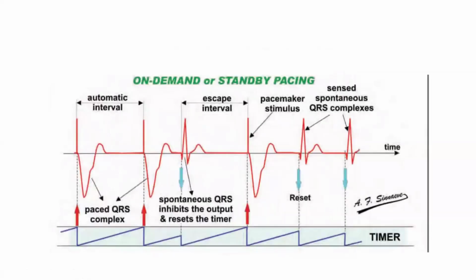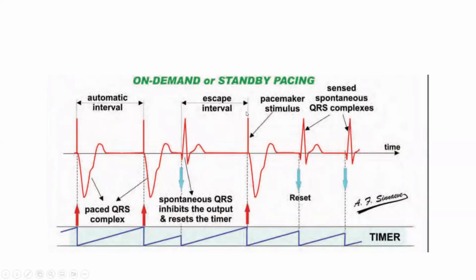So in this situation, when we discuss this tracing, the first impulse, spike followed by a paced QRS complex, then spike followed by QRS complex at the automatic interval or the lower rate interval. Then we have a QRS complex, a spontaneous QRS complex. This QRS complex inhibits the pacemaker and the pacemaker starts counting from the start and it finishes without finding any QRS complex.